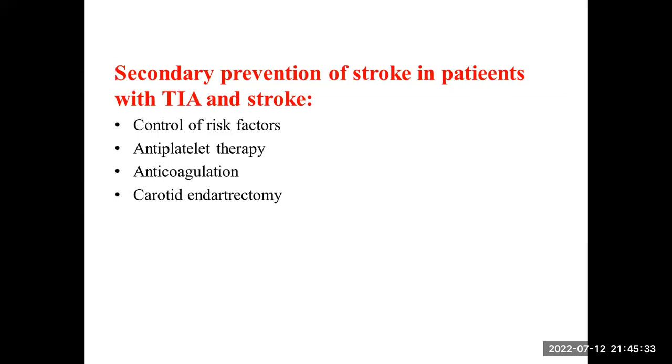This includes groups like GLP-1 agonists, glucagon-like peptide-1 agonists, and it includes also the SGLT2 inhibitors, the sodium glucose co-transporter inhibitors. The GLP-1 agonists and the SGLT2 inhibitors are two important groups of anti-hyperglycemic drugs which have been shown to reduce the risk of recurrence of stroke. And if there are no other contraindications, we should always consider these two groups of drugs in controlling diabetes as part of the secondary prevention of stroke.